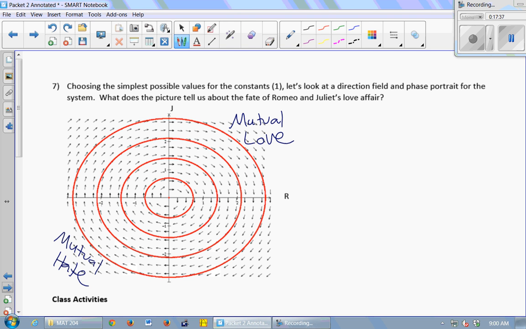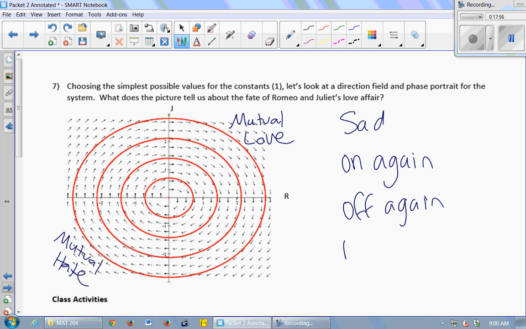And then in the other two quadrants, one is in love with the other, but the other one hates them. Right? So this is kind of a sad on again, off again roller coaster that will just continue cycling through these phases over and over again forever.